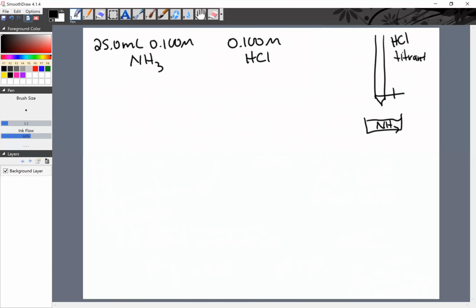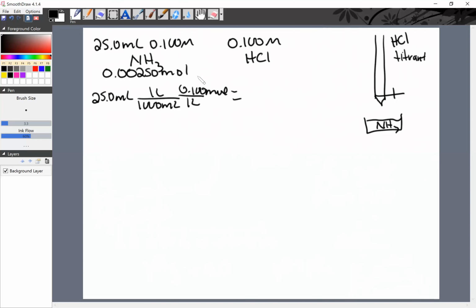How many moles of the ammonia do I have? So 25 milliliters, converted out of milliliters, is 0.00250 moles.